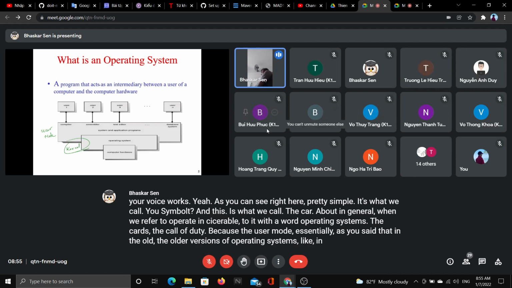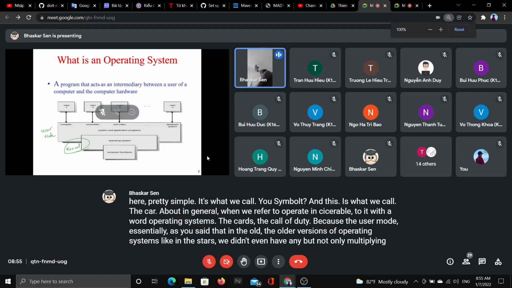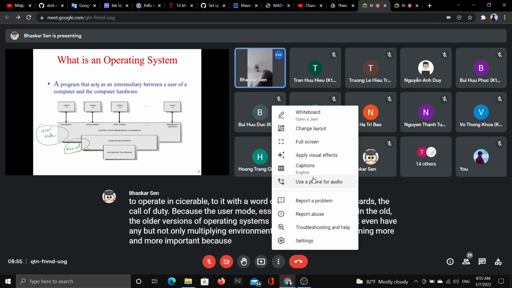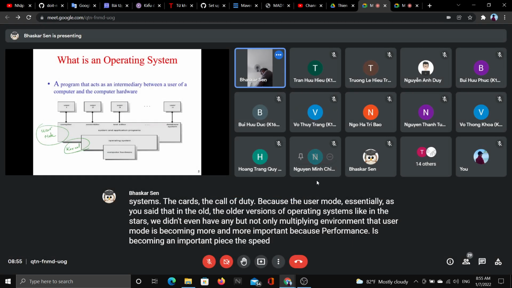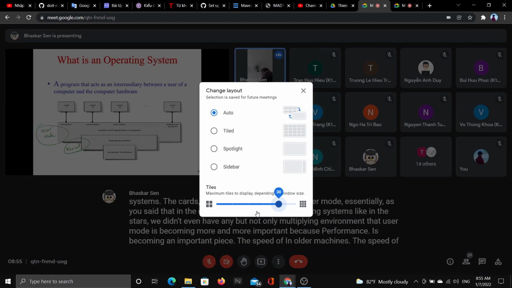MS-DOS, we didn't even have any. But now in the multi-programming environment, the user mode is becoming more and more important because performance is becoming an important issue. The speed of performance. In older machines, the speed of performance was not the focus.